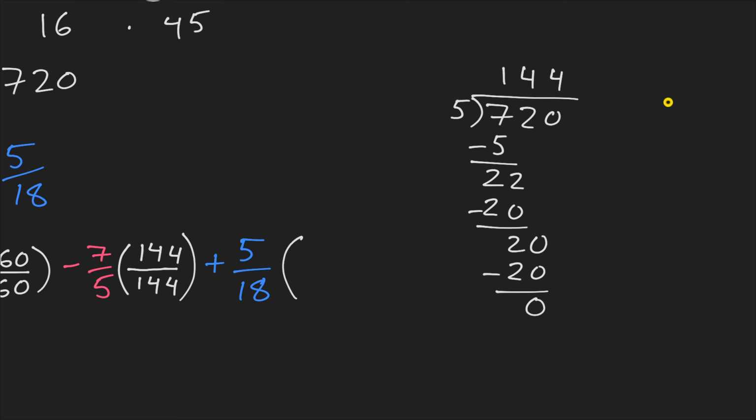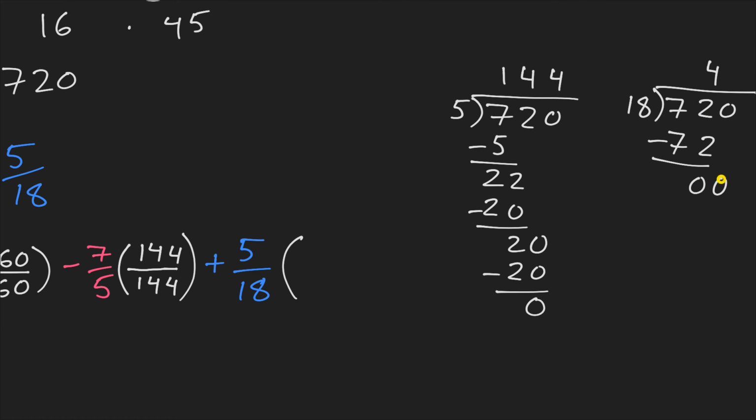We're asking ourselves, what is 720 divided by 18? 18 goes into 72 exactly 4 times. 4 times 8 is 32. 4 times 10 is 40. 40 plus 32 is exactly equal to 72. 72 minus 72 is 0.